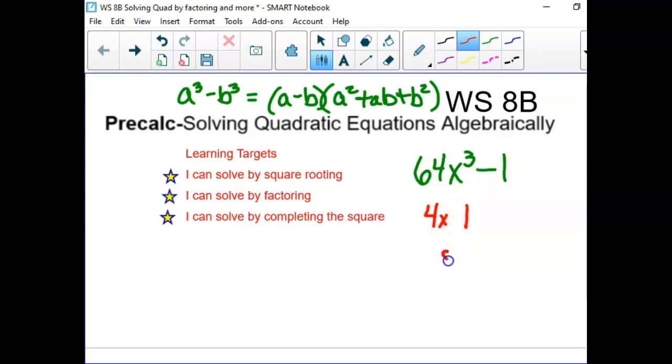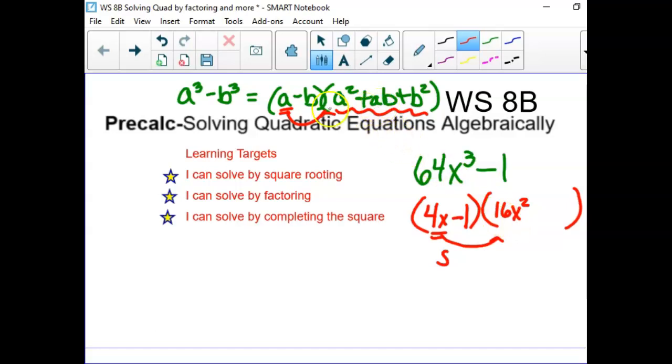And the SOAP stands for you keep the same sign in this first parenthesis. And now we're going to follow this pattern up here to fill in the next parenthesis. It says you take a that was here and you square it. So what is 4x squared? Be careful, it's 4x times 4x, so it is 16x squared. Everybody good?